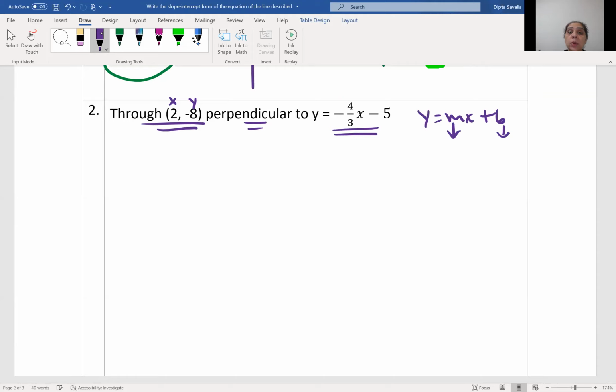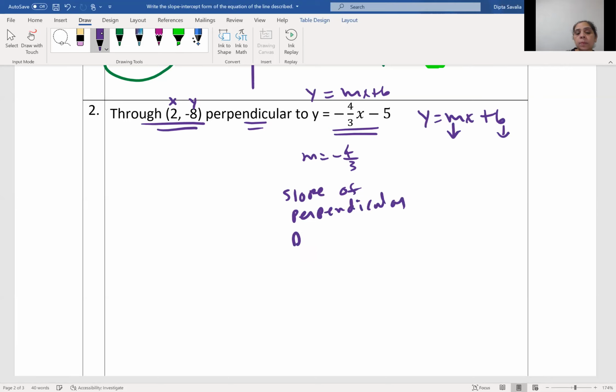So what we knew about perpendicular lines is that they have slope opposite reciprocal. So what is the slope of this line, if you compare with mx plus b, what is your m? -4/3. So the slope of the perpendicular line is the opposite reciprocal.